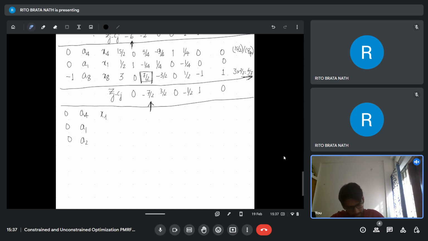This is x4, x1, x2, and next you have to multiply that by 2 by 7, so that will be 6 by 7, 0, 1, minus 3 by 7, 0, 1 by 7, minus 2 by 7, and need not write the rest of the things. Yeah, so that's good. Next you can do some computations on it.